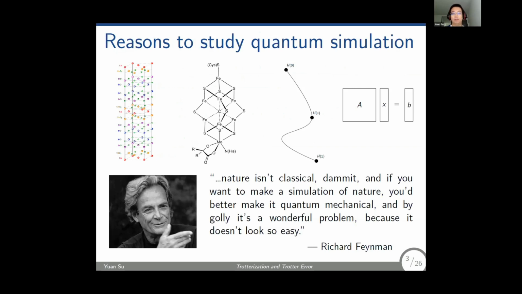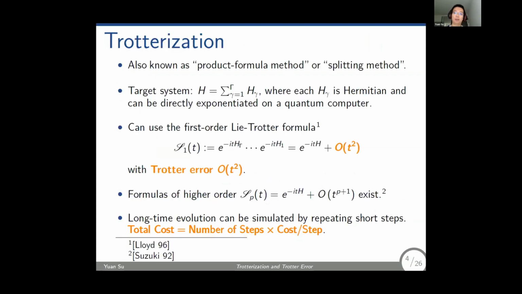Okay, so there are many quantum algorithms that you can use to do quantum simulation. But perhaps the simplest approach is based on Trotterization, or sometimes people also call it a product formula method or a splitting method, especially by mathematicians, but they're really talking about the same thing.